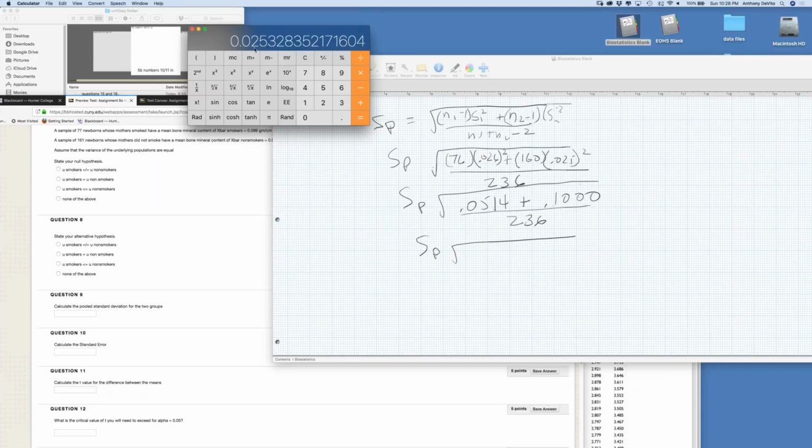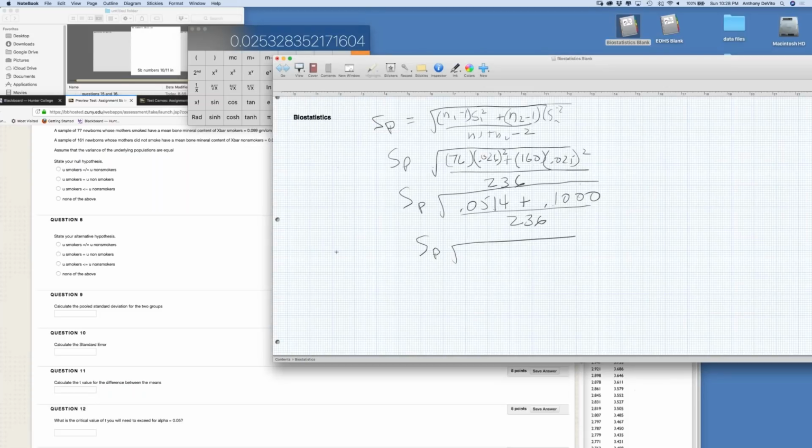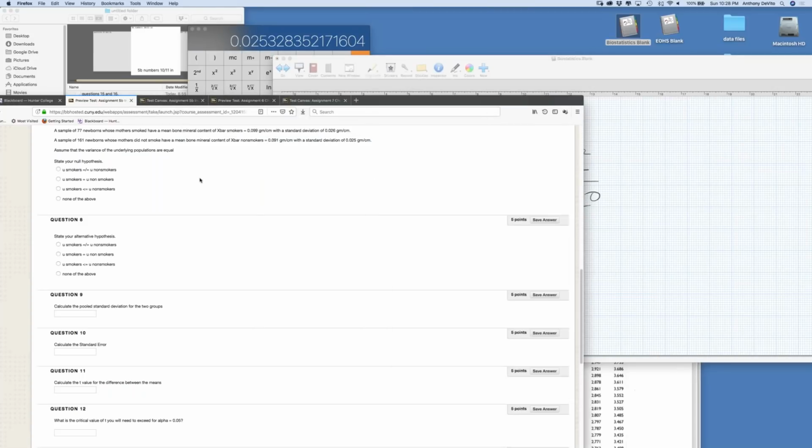It's equal to 0.025. Pooled standard deviation is equal to 0.025. Actually, it's a little bit more than that, because it's a little bit of the way between 0.025 and 0.026. That's the bigger sample size, so it's actually closer to 0.025. Okay, a lot of work for not much of a difference, right?